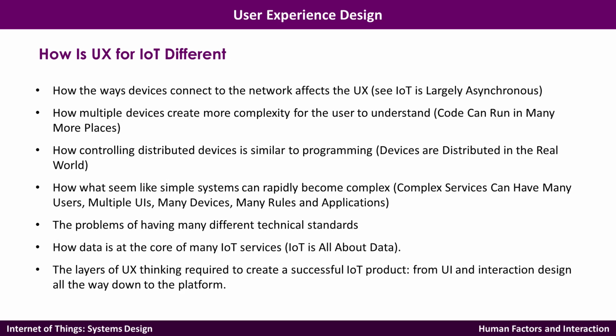You may also notice that most IoT systems are largely asynchronous. For example, when you press a button to increase the temperature, it doesn't directly increase the temperature of your room. Most of the time it will push a message to the cloud or a shared smart hub, and then the actual heater from time to time monitors the messages on the cloud or the smart home hub, and then it will update itself over time.